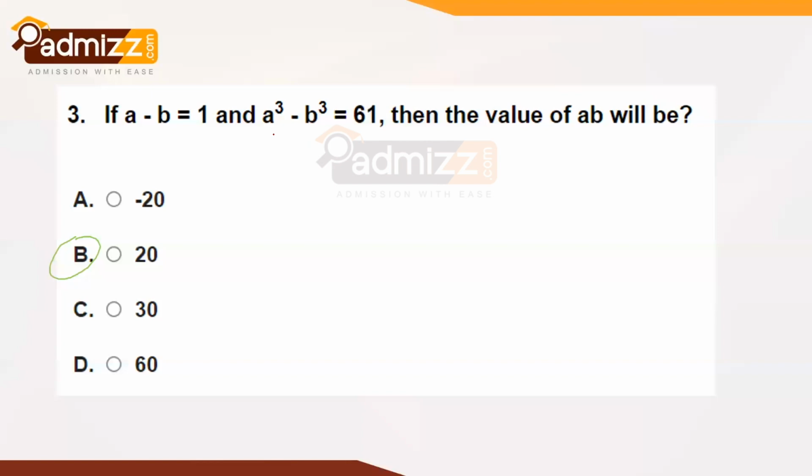So first we've got A minus B equals 1 and A cubed minus B cubed equals 61. Now what we do is we bring this into the standard form, or we simply put this into the formula. So we know that A cubed minus B cubed is equal to (A minus B) whole times (A squared plus AB plus B squared), right?